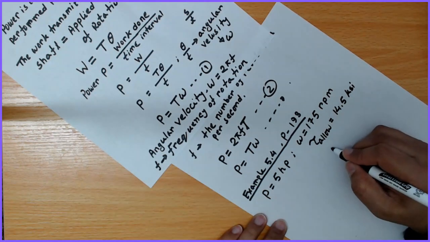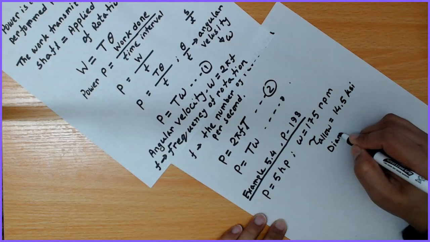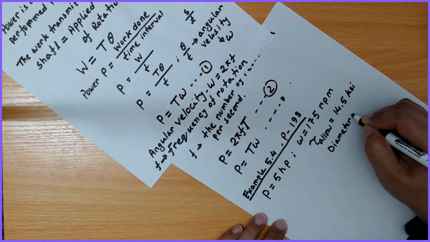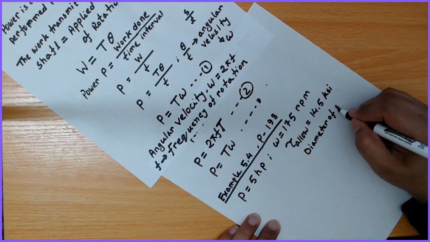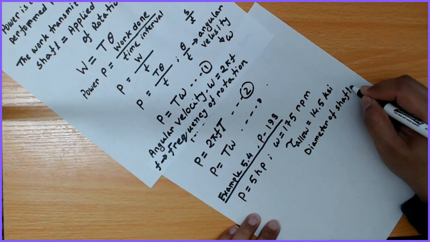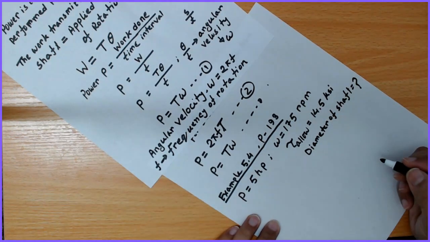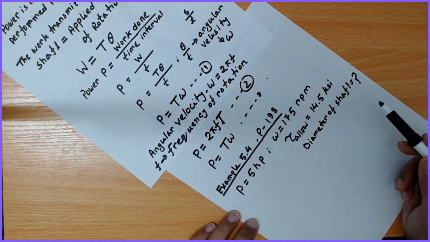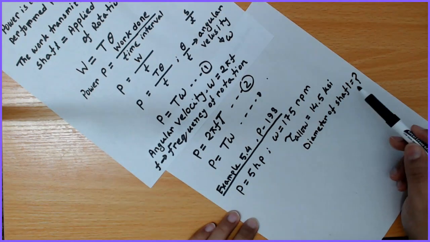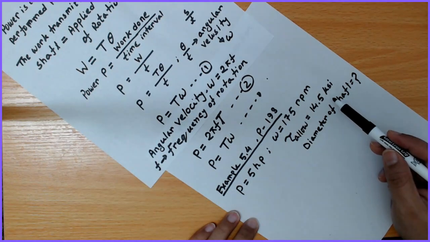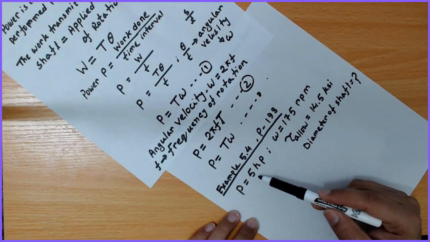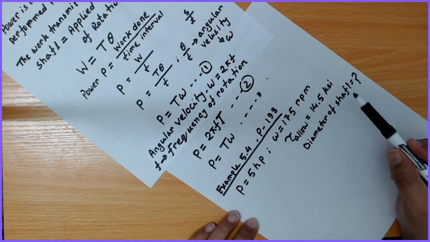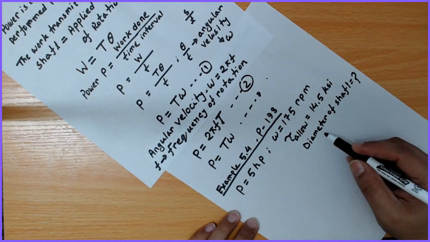Now we need to determine the diameter of the shaft. Since the value here, ksi, is in FPS units, we need to convert the other parameters, horsepower and also the rpm, to FPS units.